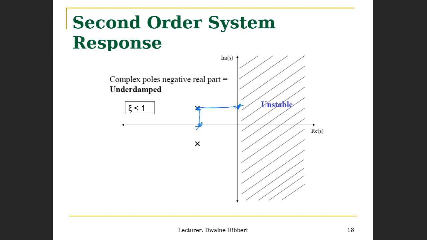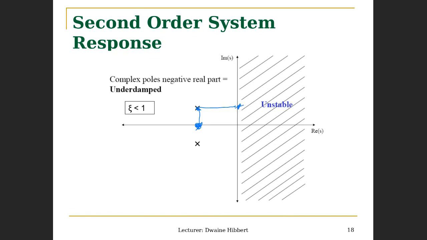What you're going to find is that complex poles occur in complex conjugate pairs. They occur in pairs, complex conjugate, so they have the same real part, and then the complex part has plus and minus, or negative and positive, parts.